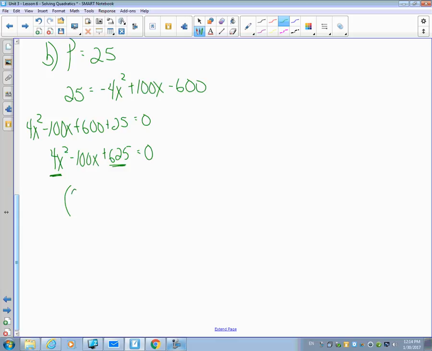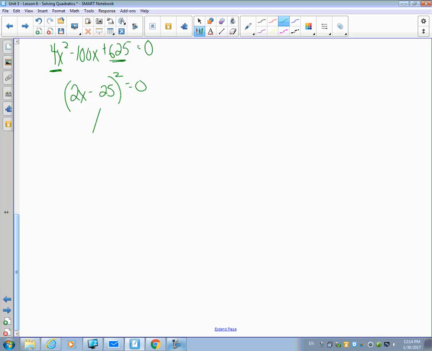Square root of 4x squared is 2x. Square root of 625 is 25. And 2 times 25 doubled makes 100. So this is a perfect square. So what are our answers? Well, let's see what makes this equal 0. x has to be 12.5.